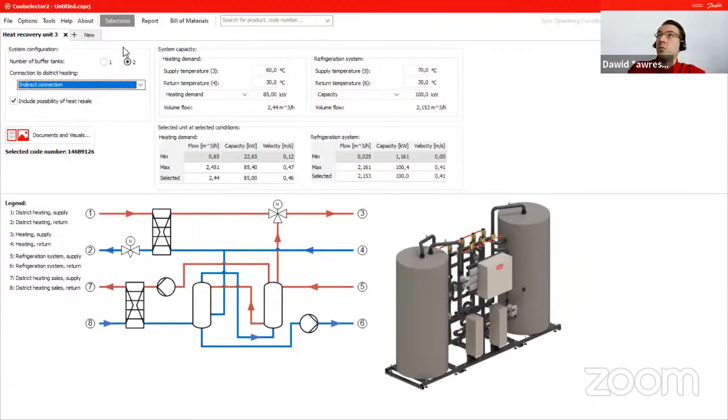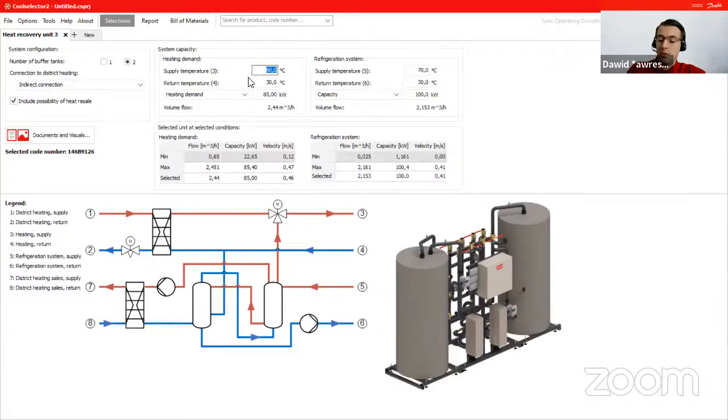Based on our selection, the software is showing us the basic circuit diagram of the system. Now, if we would like to choose the right code, we need to put the parameters here. First, we need to know the maximum supply temperature for the heating system.